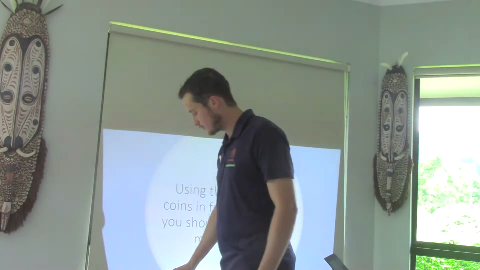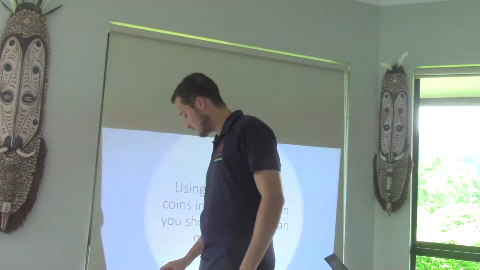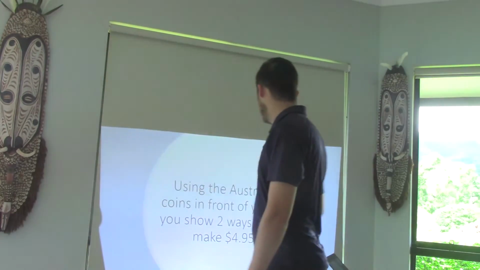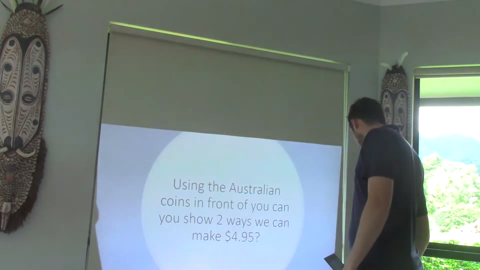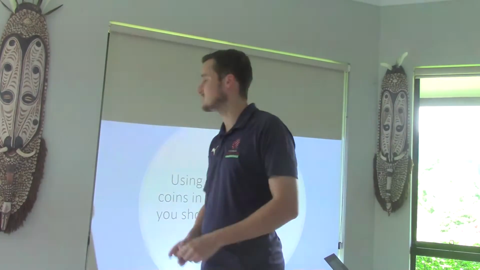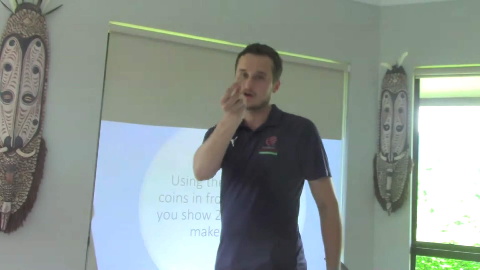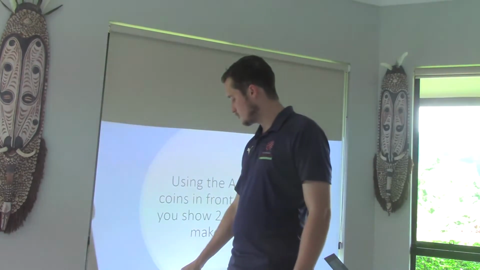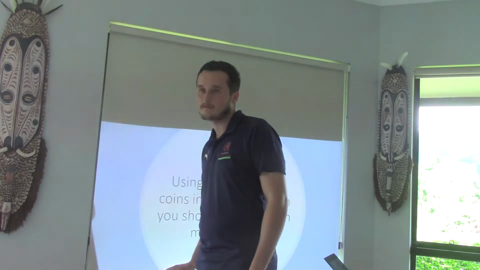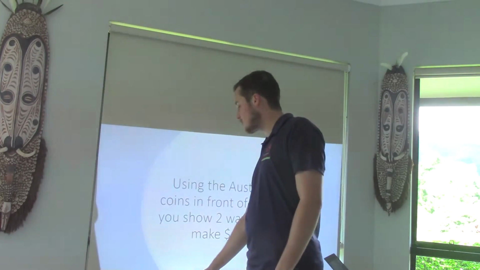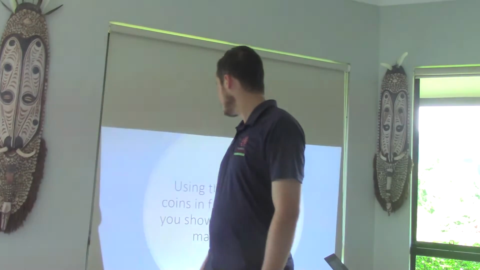So I've got $4.50, $4.60, 70, 80, 90. And now I am, how many cents away, please? Hands up. I'm 5 cents away from $4.95. So I'll use a 5-cent coin. Here in front of us, we've got $4.95. Can we go ahead and make another way, or think of another way to make $4.95, please?